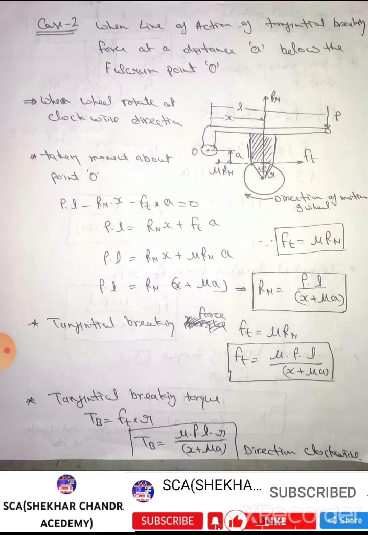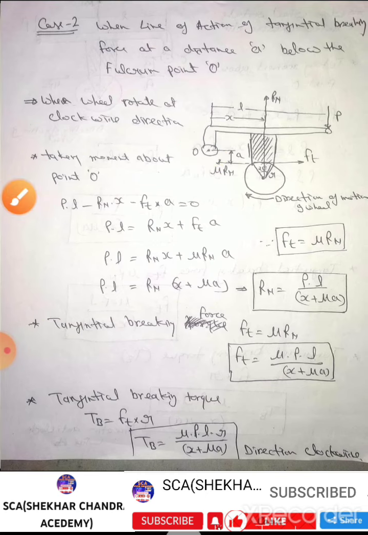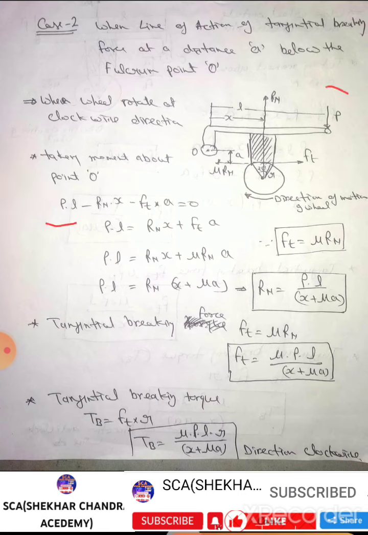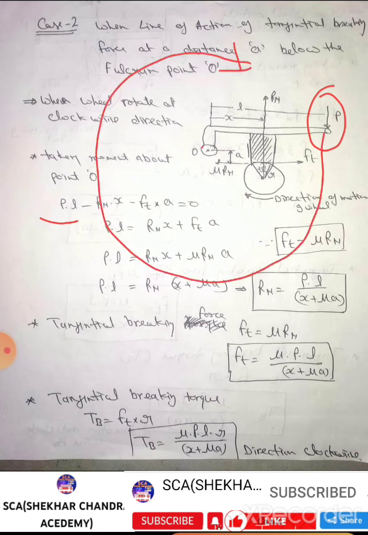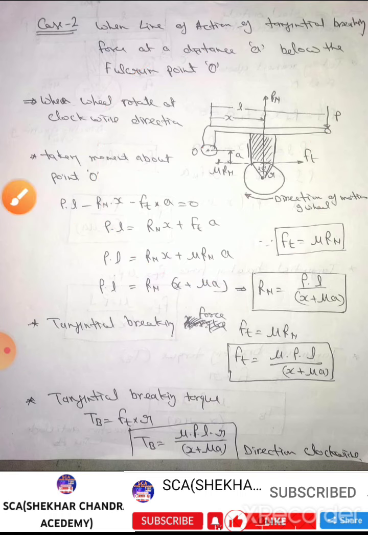Now, taking moment about point O, here P into L. P, applied force, into perpendicular distance L. That means P into perpendicular length, P into L, makes a clockwise couple about point O. So we assume here clockwise couple is positive sense and anti-clockwise couple is negative sense.